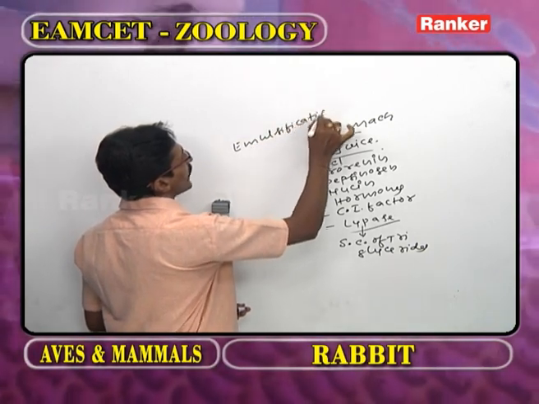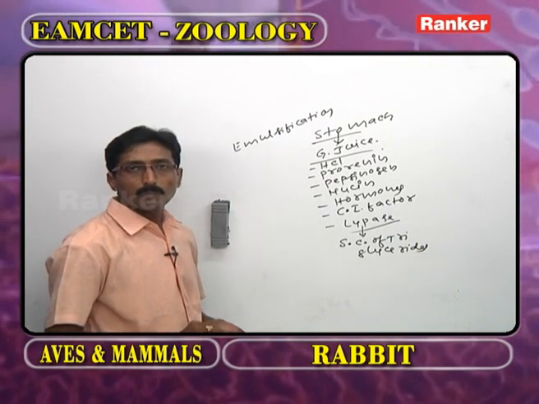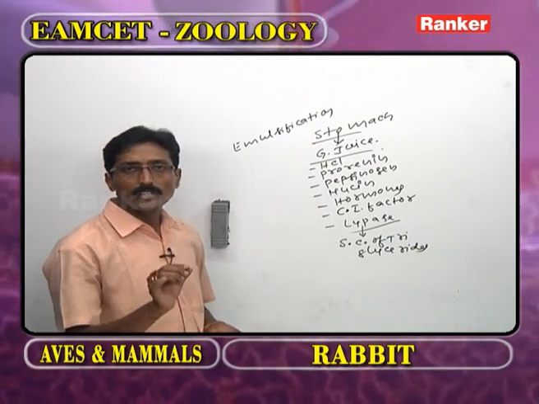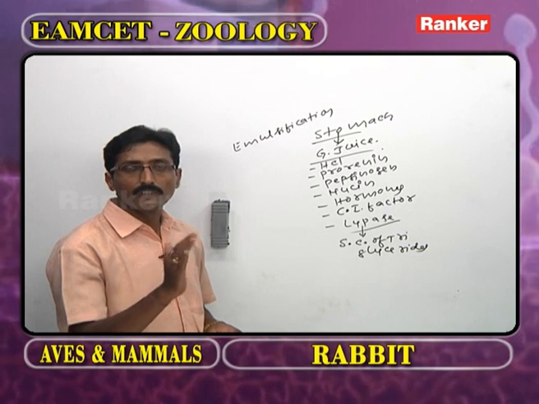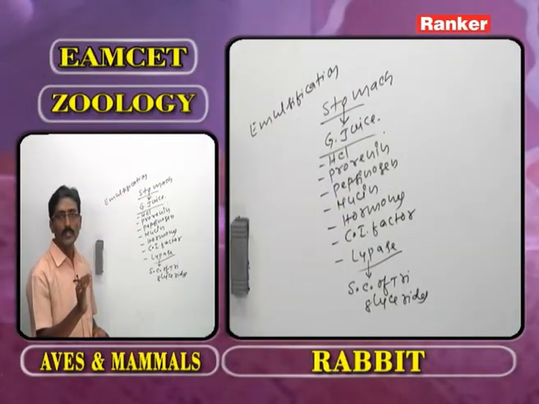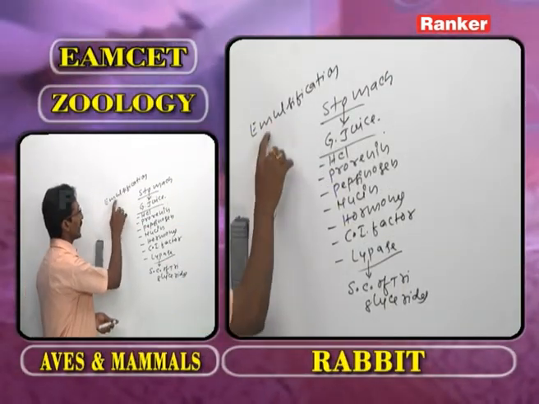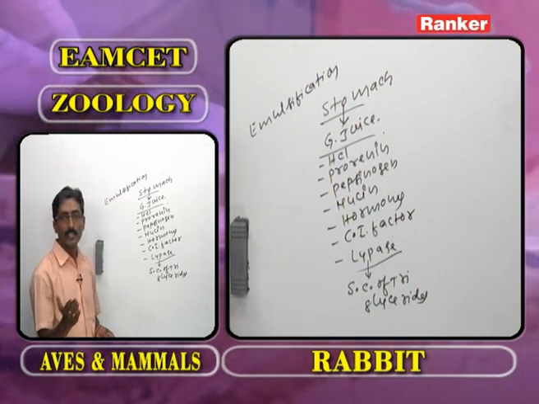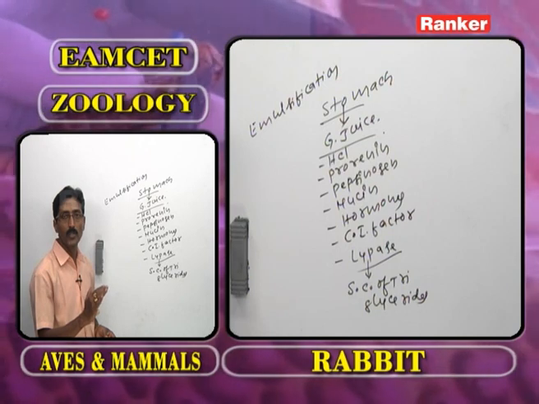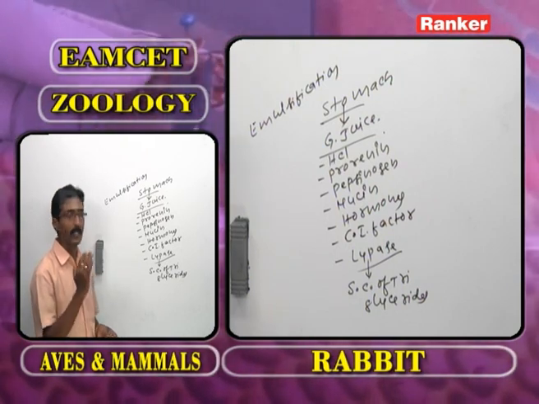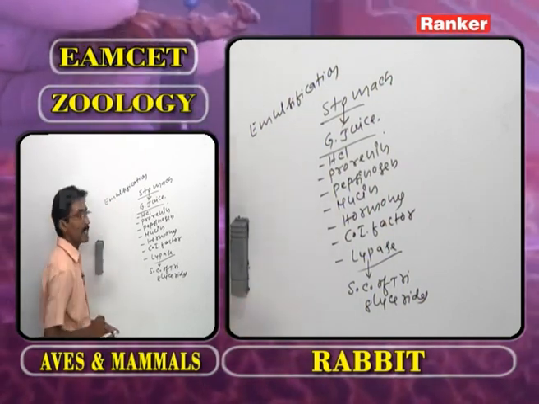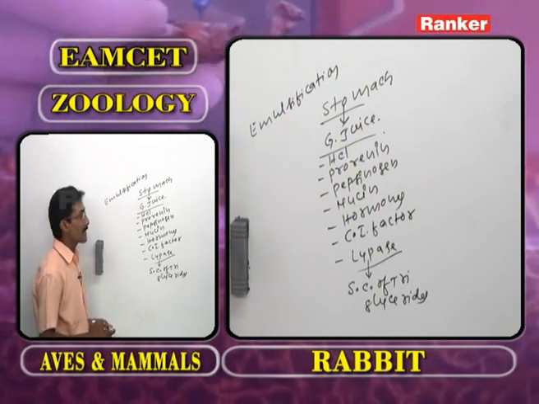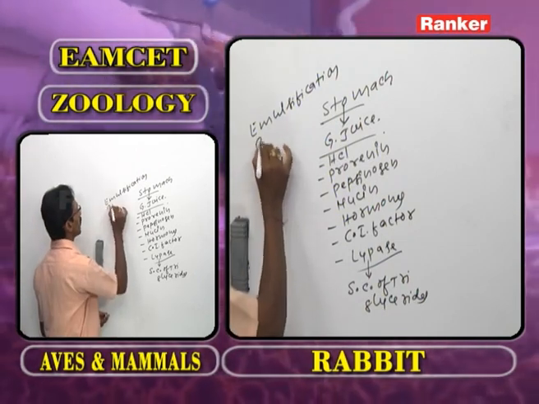What is meant by emulsification? The conversion of large fat molecules into small fat molecules. That is called emulsification.